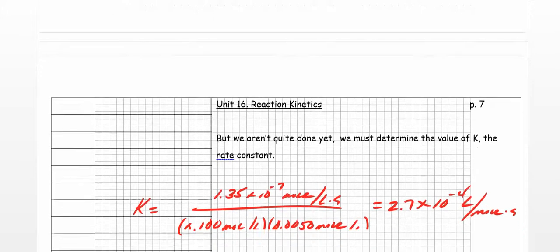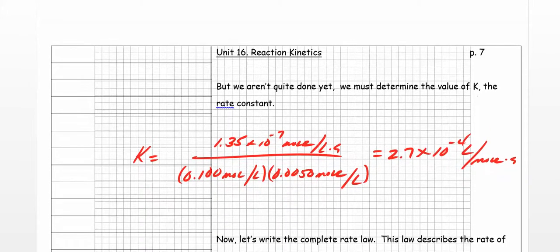We're not quite done. We have to determine the value of k, right? Just because we determined the exponents doesn't mean that we've determined the entire rate law. The rate law includes both the exponents and the value of k. So what we're going to do is determine the value of k by doing this.